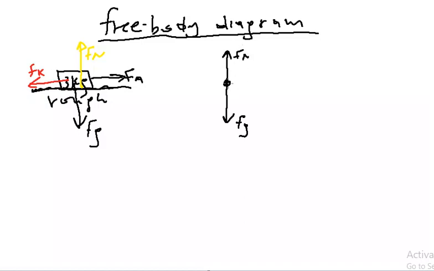Then we have the force that is applied, the pulling force to the right. Then we have friction, that is Fk. Then we are done with the free body diagram here.